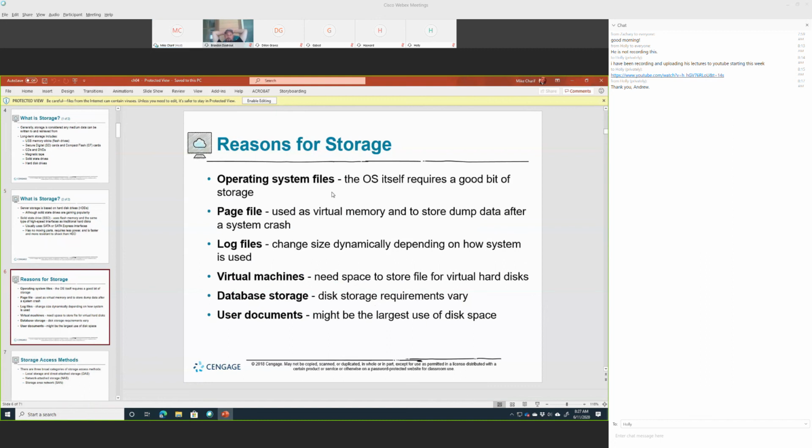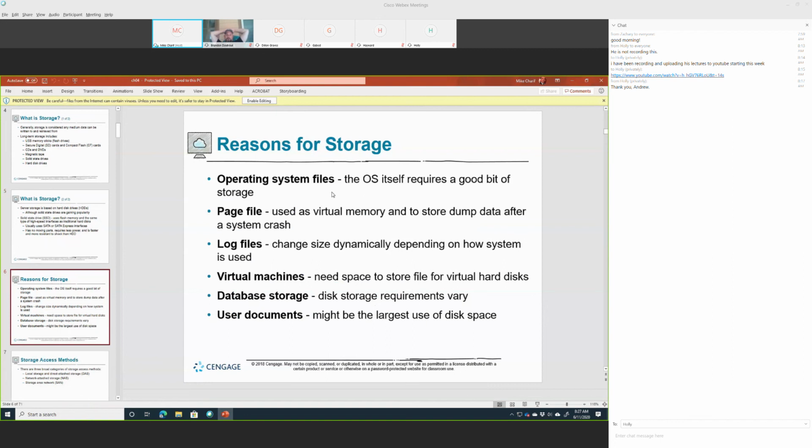The reason for that, basically, if your machine has what we call a memory dump, okay, you use virtual memory to store dump data after a system crash. So that's what you use it for. And also, there's another use for it.